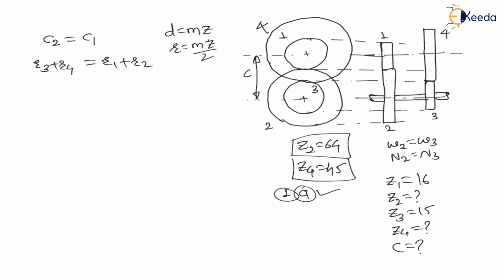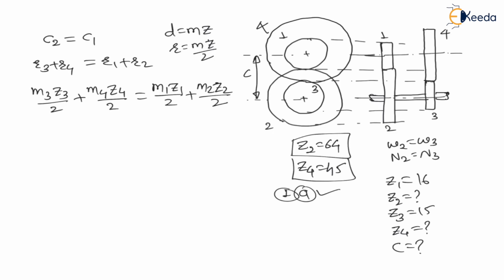Therefore, instead of R3, we can write m3 z3 divided by 2 plus, instead of R4, m4 z4 divided by 2, is equal to, instead of R1, m1 z1 divided by 2 plus R2 is m2 z2 divided by 2, right? M3 and M4 are the same, which is given as 4.